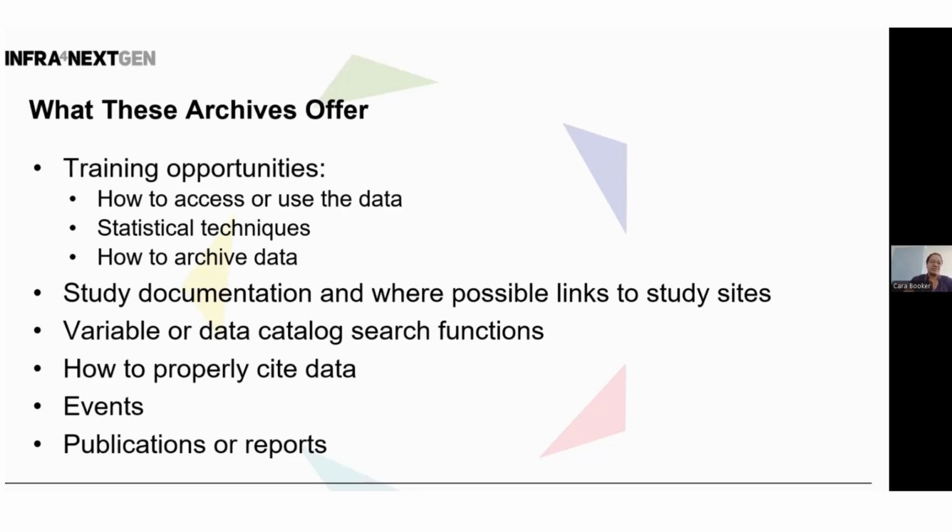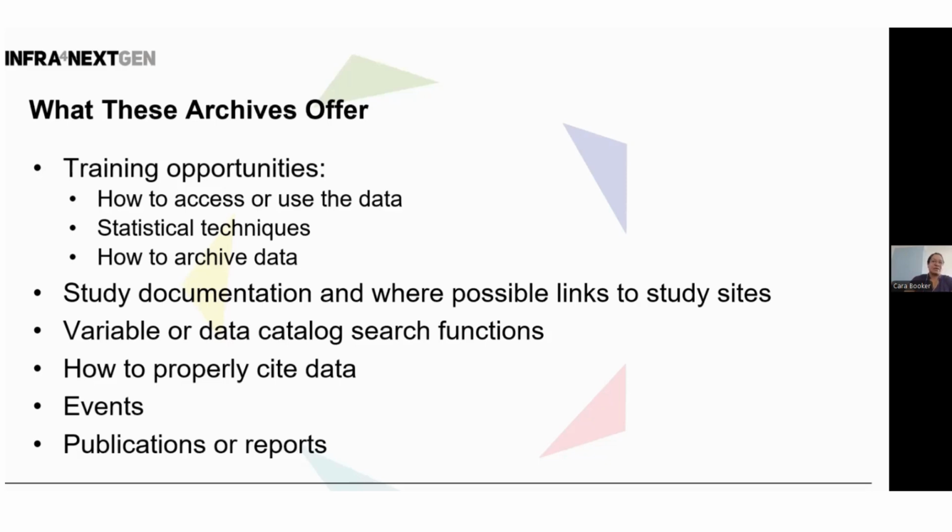There will be information on how to properly cite data, and then they'll have other types of events around when data gets released, or events like this webinar, and other informational events.